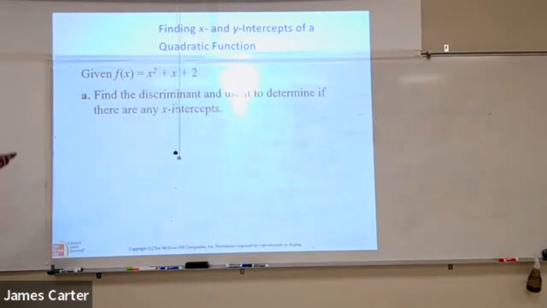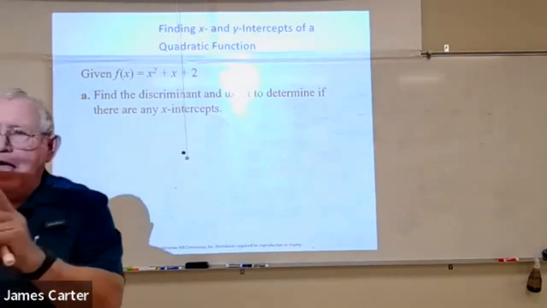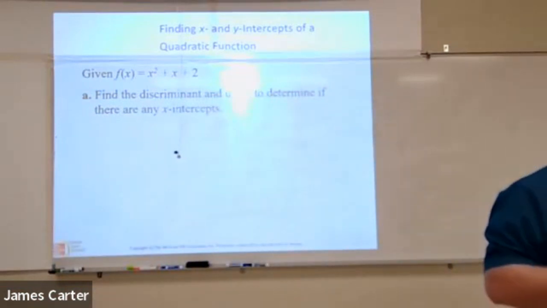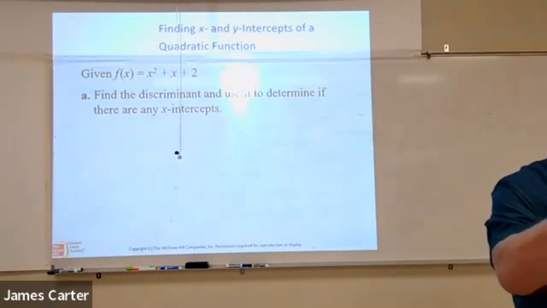This one, find if there are any. Now, this is a sneaky problem that's saying if I get imaginary answers, meaning a negative discriminant, then there are no x values on the x-axis.